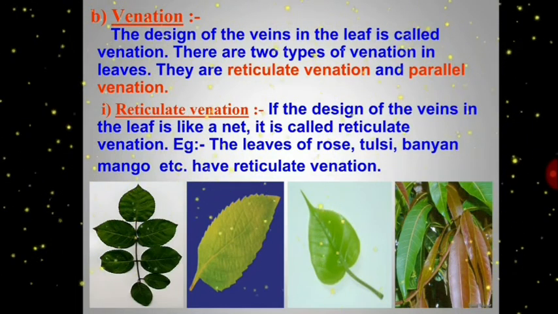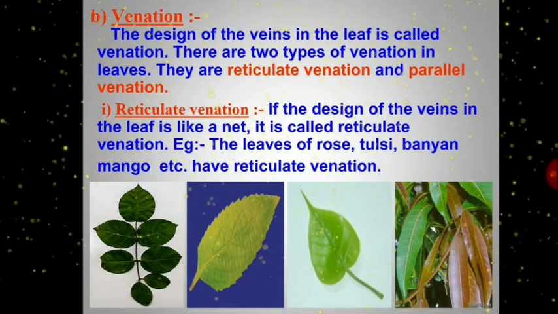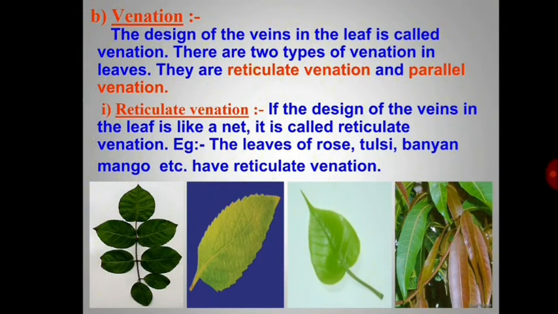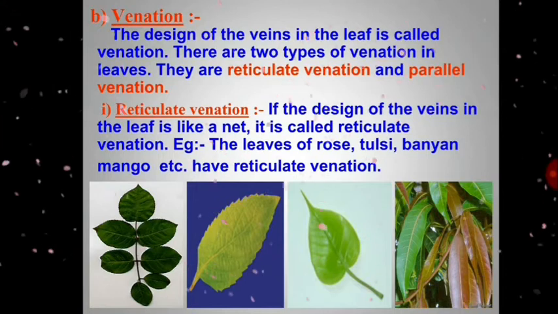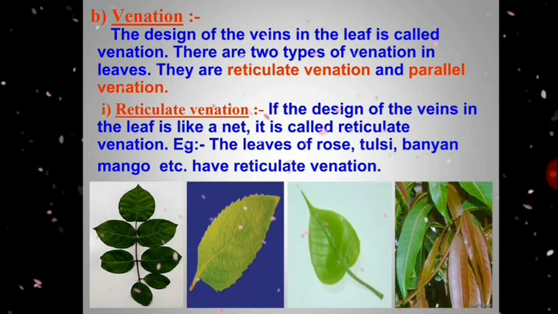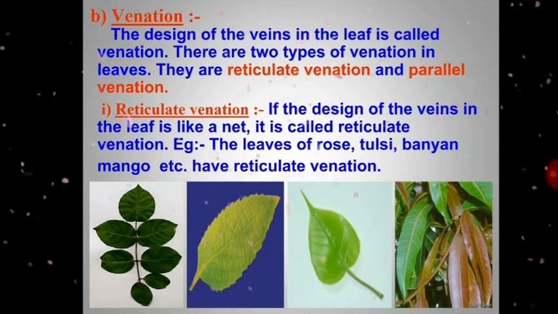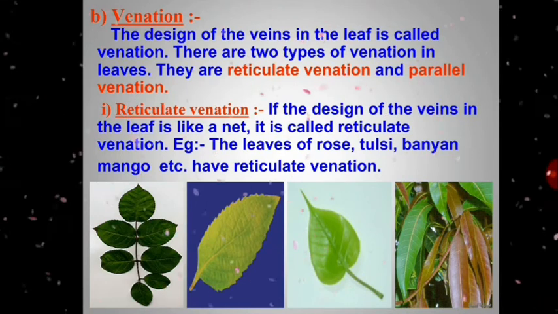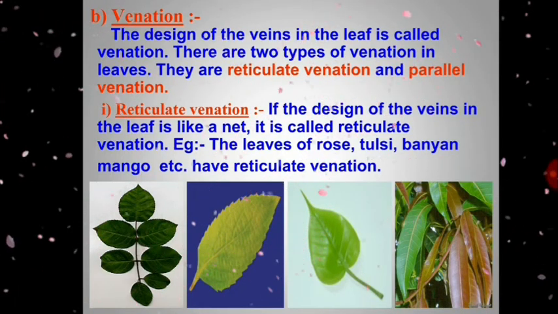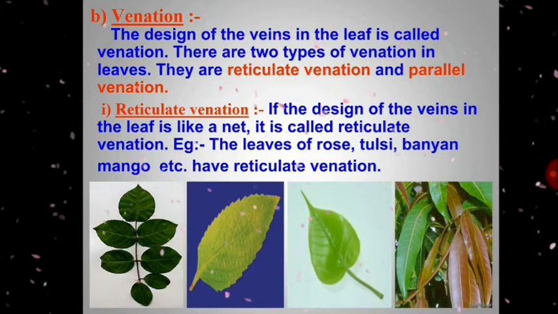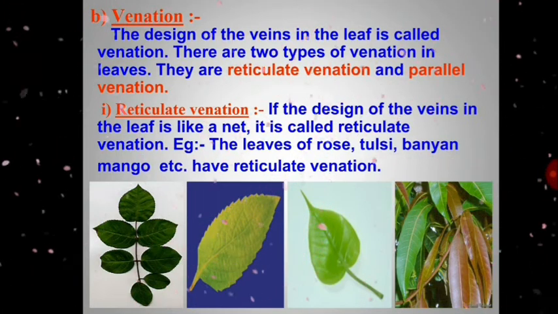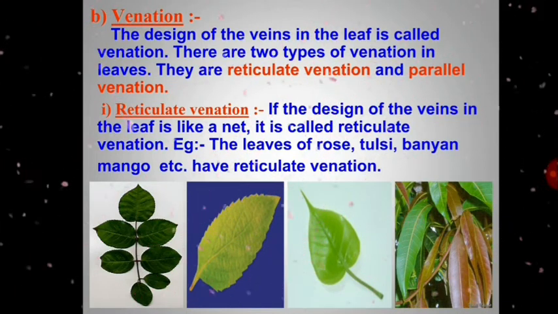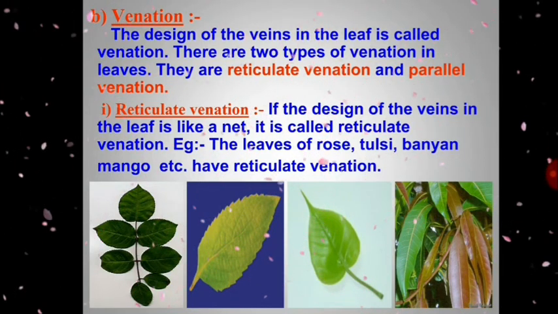So if the design of the veins in the leaf looks like a net, it is called reticulate venation, and such kind of venation is present in plants like rose, tulsi, banyan, and mango leaf. And the plants which have taproot system have reticulate venation in the leaves.